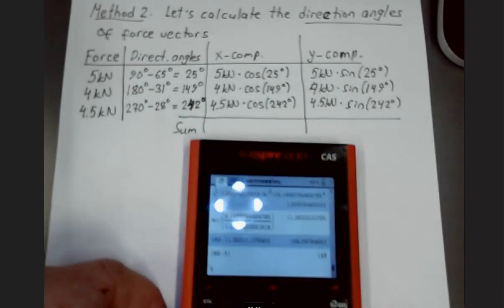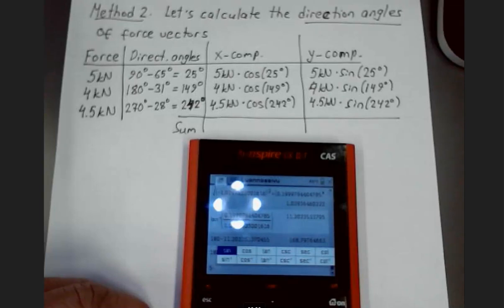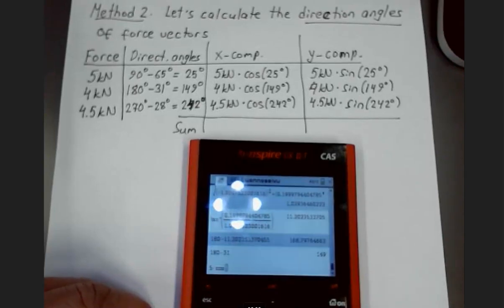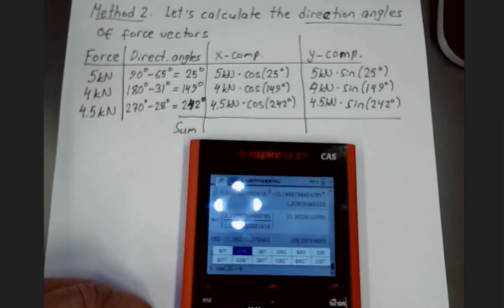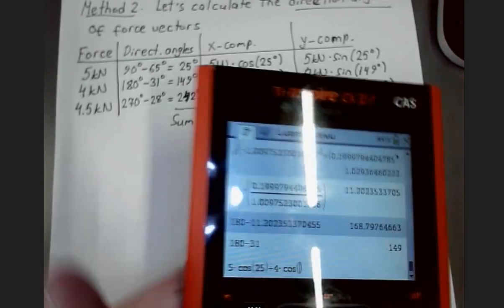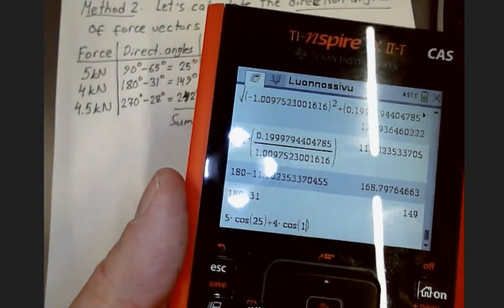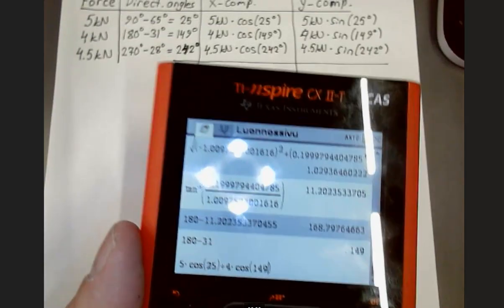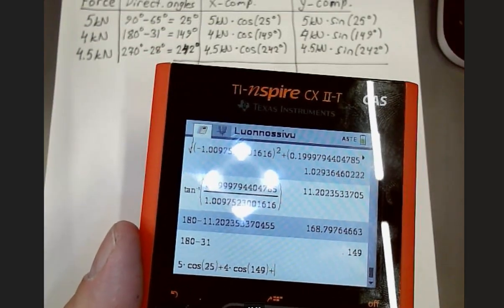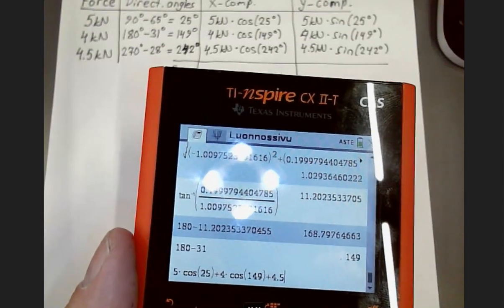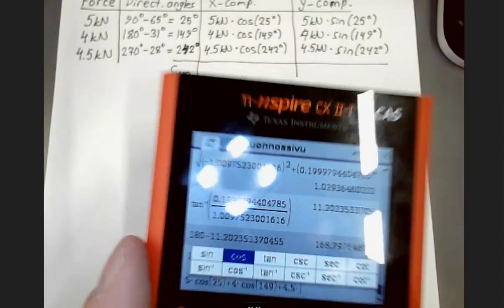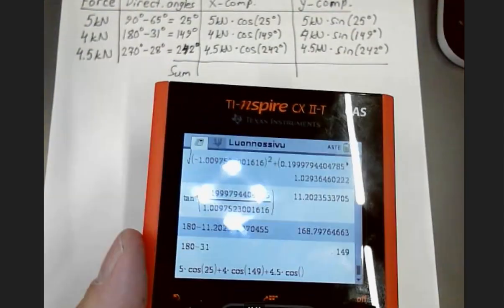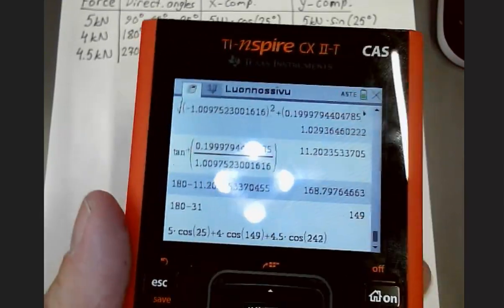Let's check. 5 times cosine 25 plus 4 times cosine 149 plus 4.5 times cosine 242.